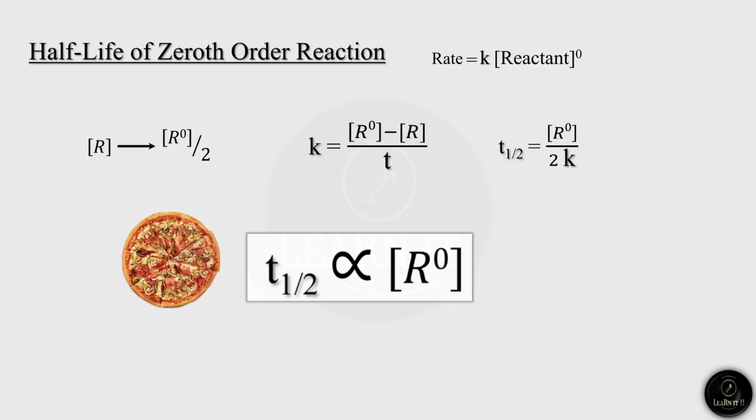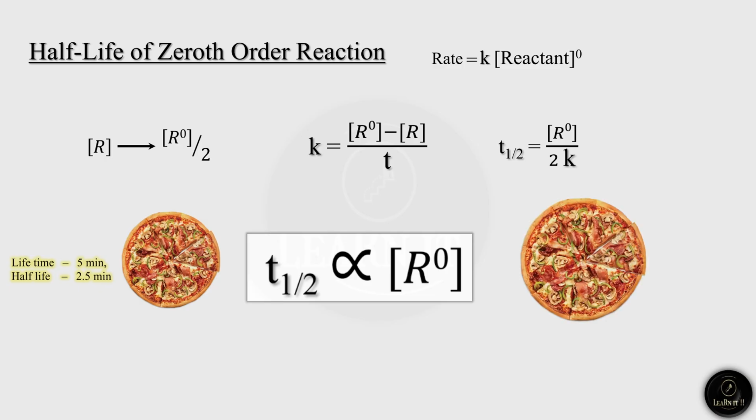So as to finish it, let us assume that he takes 5 minutes. So the half-life will be 2.5 minutes. Let's consider another situation where a person is given double the size of the previous pizza. Hence it is concluded that to finish it, he takes double the time taken previously. So the half-life period will also double.